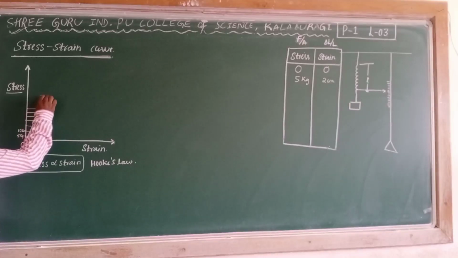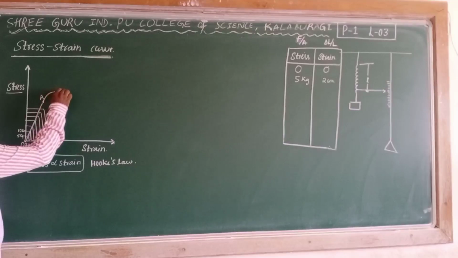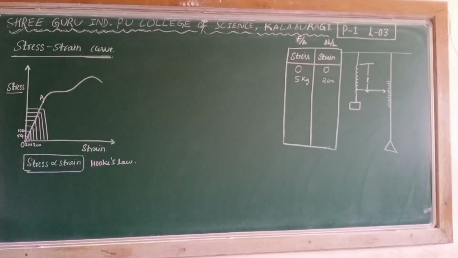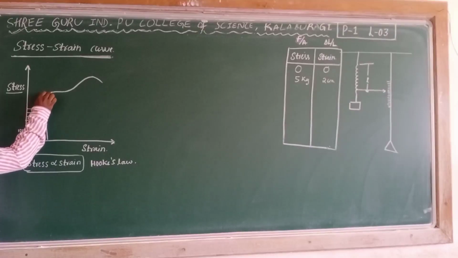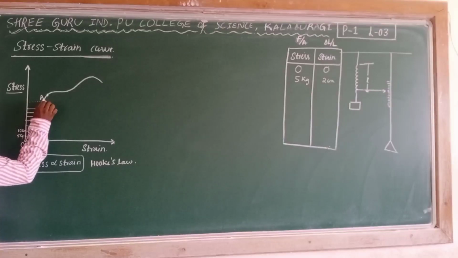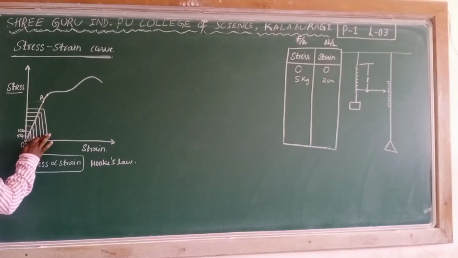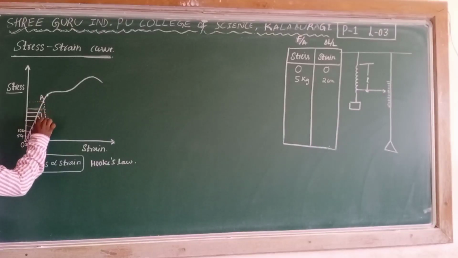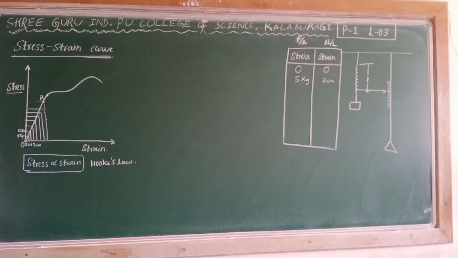Beyond this point, the material is not going to obey Hooke's law. Let us consider a B point. This is our A point. Up to this point, the material is perfectly elastic and obeys Hooke's law.